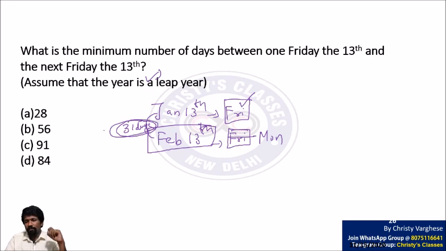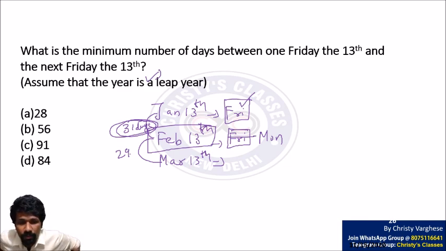31 is not a multiple of 7, because only with a multiple of 7 can you get the same day of the week, since there are 7 days in a week. Now just think about March 13, can it be a Friday? From Feb 13 to March 13, there are 29 days, because it is a leap year, so February will have 29 days.